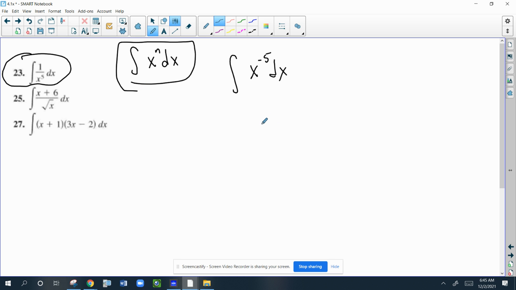The process is, according to the formula, you add 1 to the exponent, and then you multiply by the reciprocal, or divide by that exponent. I'm going to simplify just a little bit here. And you need the constant of integration.